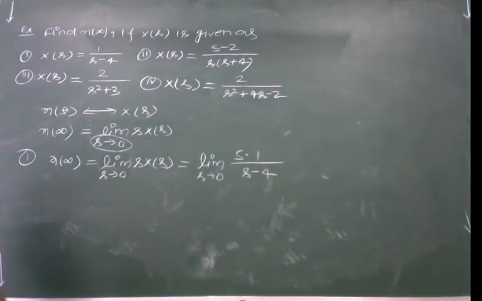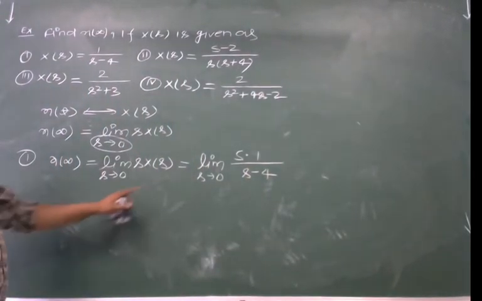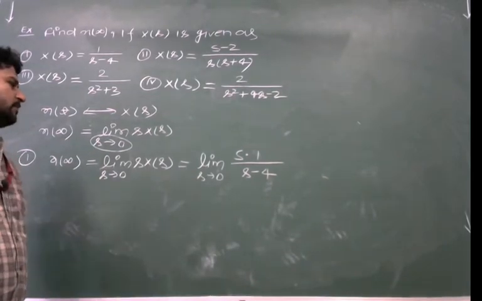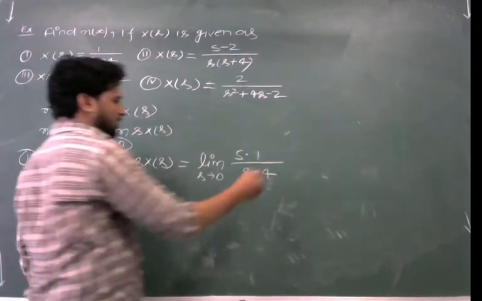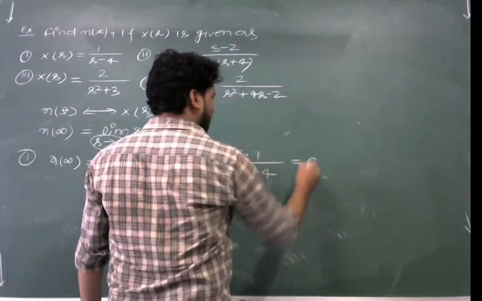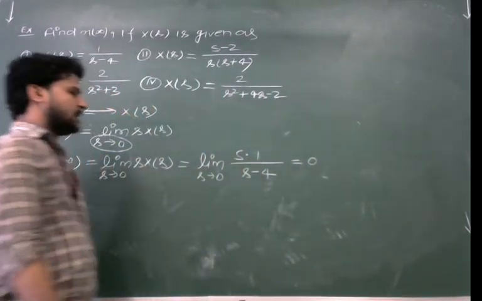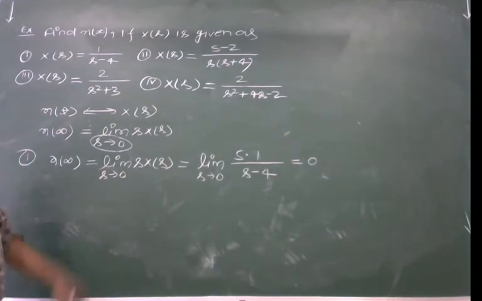So from here, if we put s equal to 0 in this relation, we will get the final value of this signal equal to 0.